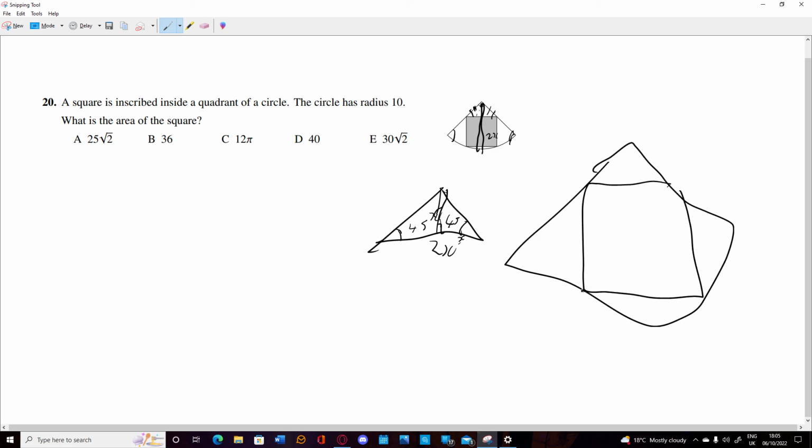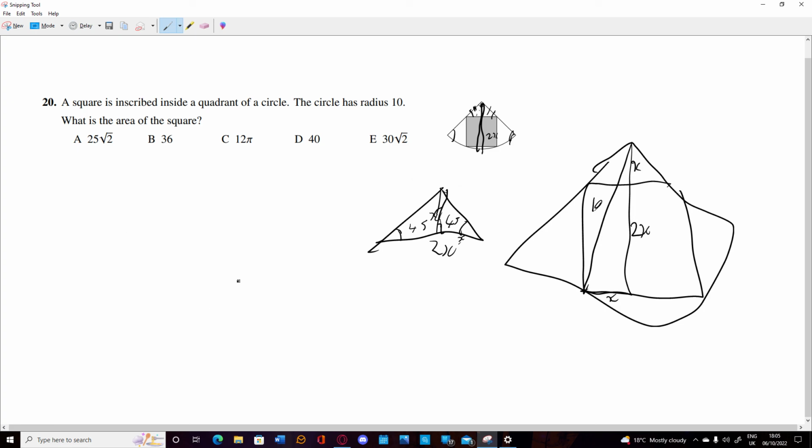So what we can do is use the fact that the radius is 10. We have to point it here. We know this length, so we can use Pythagoras here. So we know this length here is going to be 2x over 2, so that's going to be x. We know this length here is going to be x. We know this length here is going to be 2x.